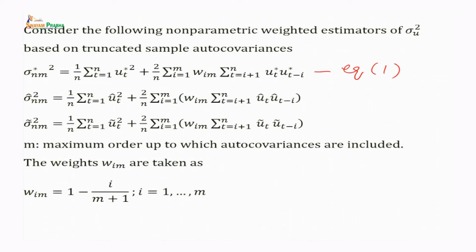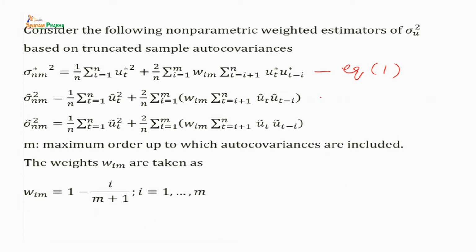Instead of adjusting for the autocorrelations in the regression, it adjusts for the autocovariances or autocorrelations in estimating sigma square u. So, this second part is 2 by n summation i equal to 1 to m w i m summation t equal to i plus 1 to n u t star u t minus i star.